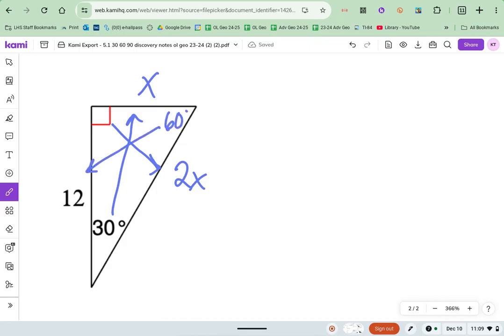So across from 60 is x root 3. So since I have a number on my x root 3 side, I'm going to set them equal to each other. So 12 equals x root 3.